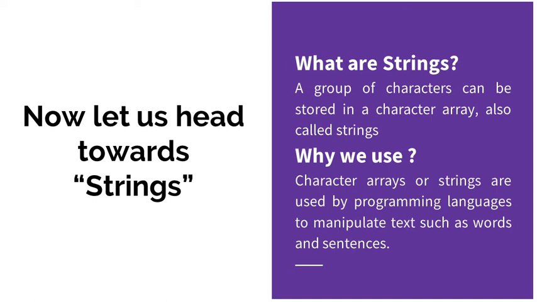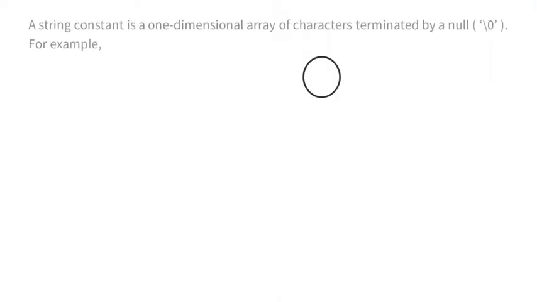Now let's see how it is stored in memory. A string constant is a one-dimensional array of characters terminated by a null character. For example, "programming with Parul" is a sentence, a combination of strings, and it is a single dimensional array of characters. Now take char name.